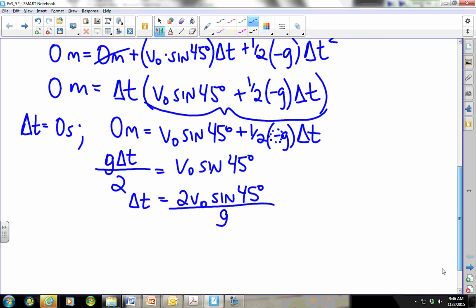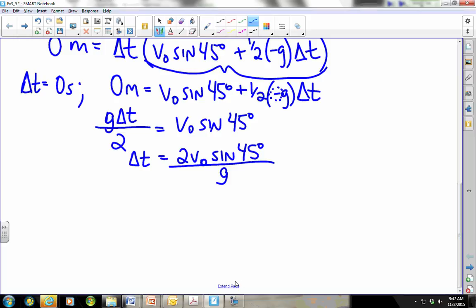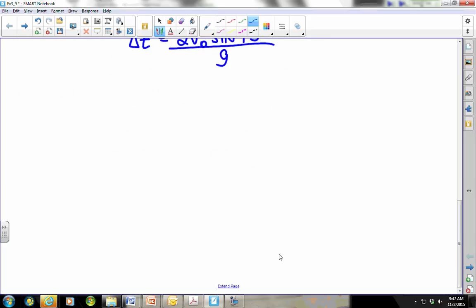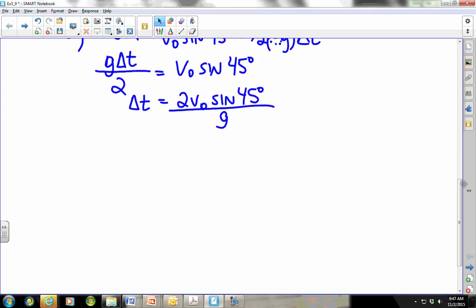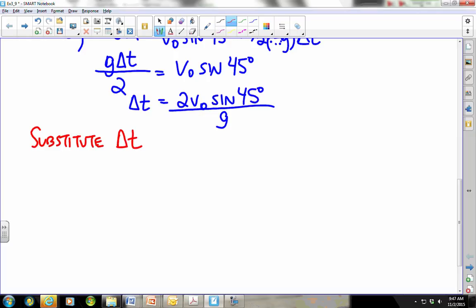So now we're switching back to the x direction and plugging in time. We're going to substitute delta t into the x direction equations.